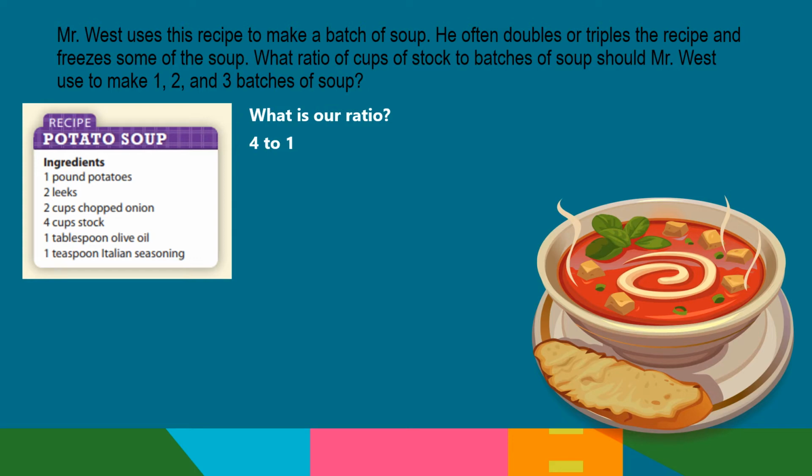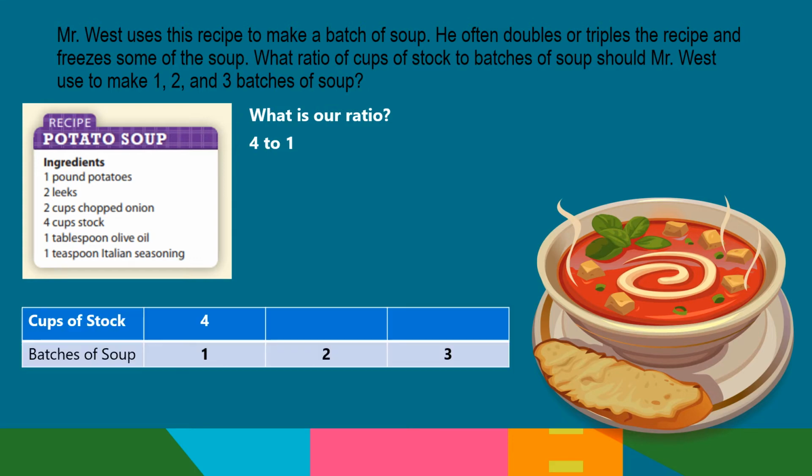We can use a table to help us keep track of our answers. Cups of stock, 4, to batches of soup, 1. Across the bottom, I have 1, 2, and 3 to represent the 3 different batches of soup that he will make. So if I want to figure out how many cups of stock are in 2 batches of soup, I want to say 4 times 2, which gives me 8.